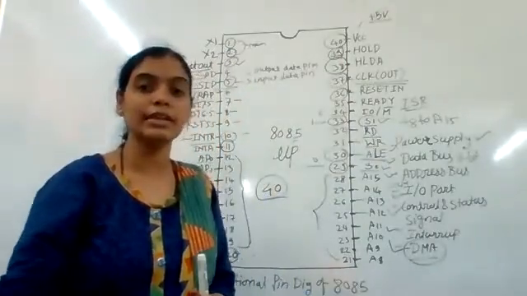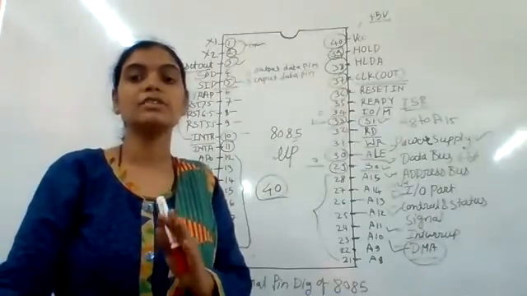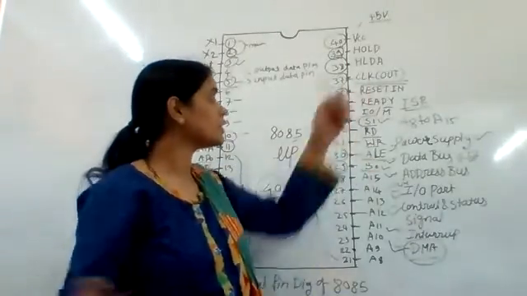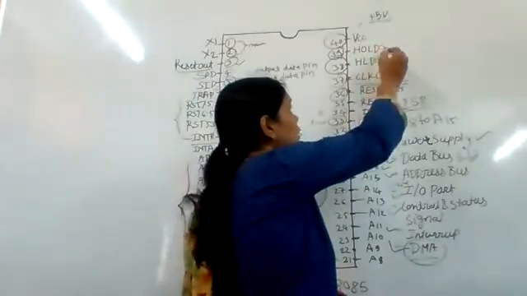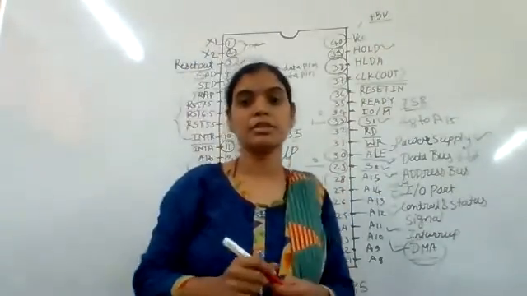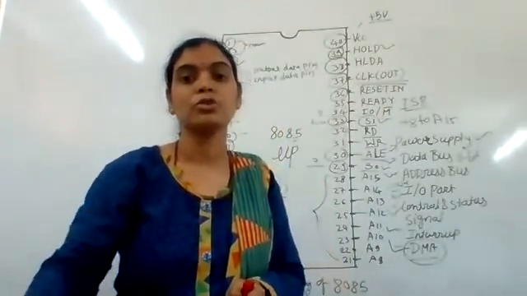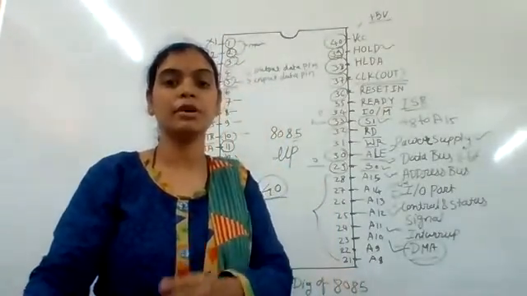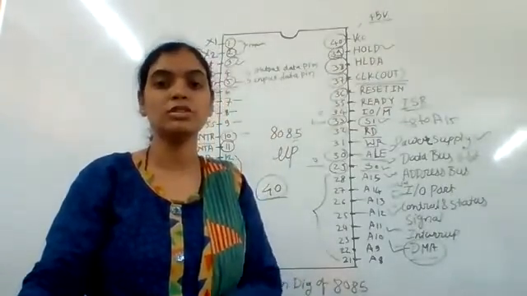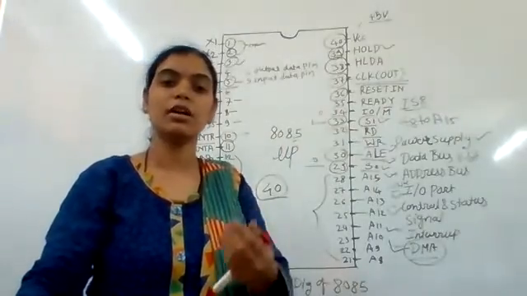When this signal gets enabled, the CPU frees the bus after completion of the current operation. The name itself says it holds some operations. Once the hold signal gets disabled, the processor can access the bus again.